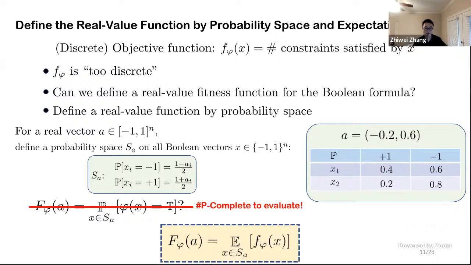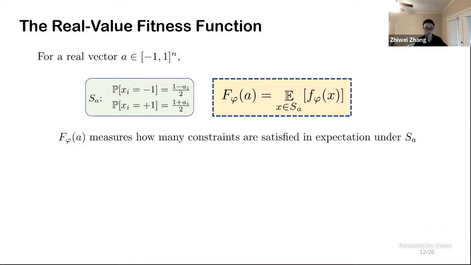But we can step back and compute something easier, which is the expectation of the original objective function under this probability space. So what happens if we choose this representation? Now, the capital F, the fitness function, measures how many constraints are satisfied in expectation under the probability space.